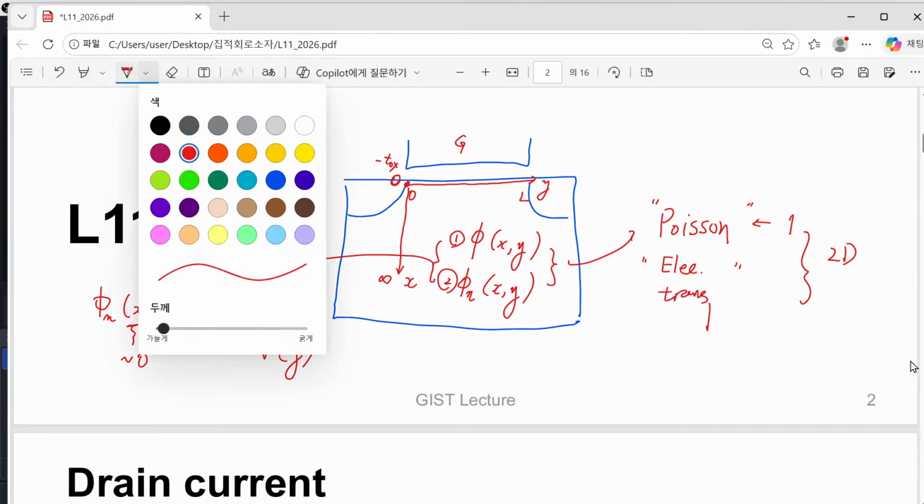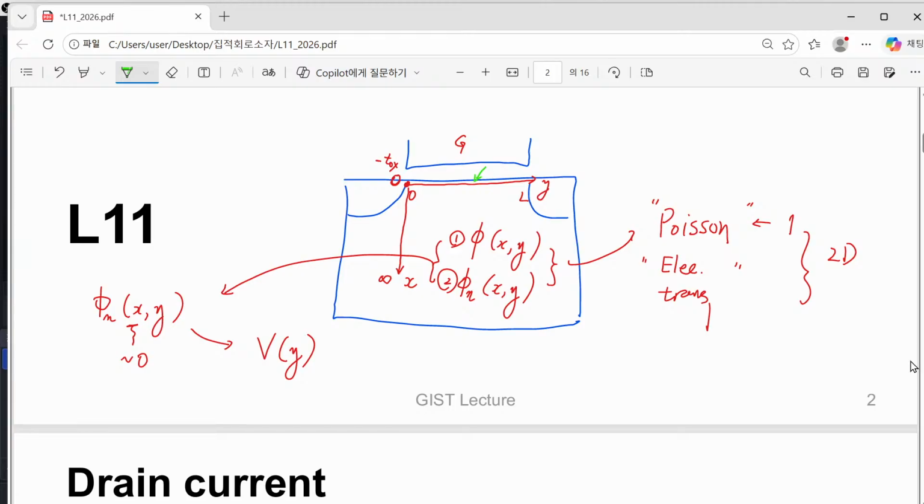It means that if we have a certain position y, then near this y position along the x-axis, they share the same electron quasi-Fermi potential. Also, if we change the value of y, then we will have a different value of V, but it is shared along the vertical direction.